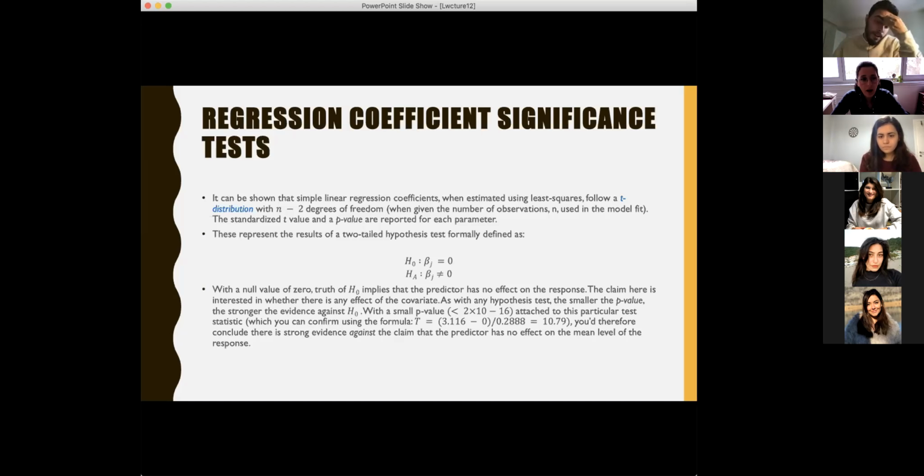So as with any hypothesis test in here, the smaller the p-value than the alpha you determined before, okay? It is stronger evidence against your H0. So with a small p-value, this is just reported in R. And so you will therefore conclude there's strong evidence against the claim that the predictor has no effect on the mean level of the response in here.